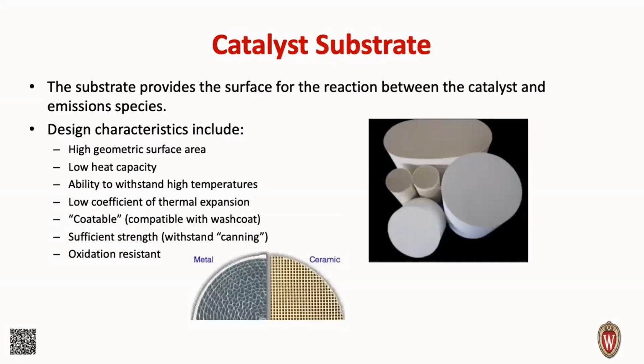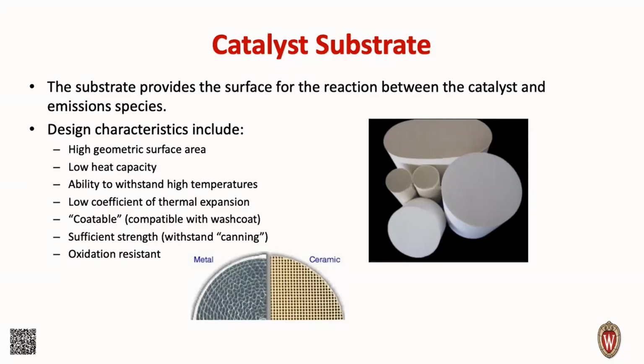The catalyst substrate is the actual physical brick that we put the catalyst and wash coat onto. It's there to provide the surface area for the reaction between the exhaust gas and the catalyst species. When you design one of these substrates, you need it to have high geometric surface area and low heat capacity, right?